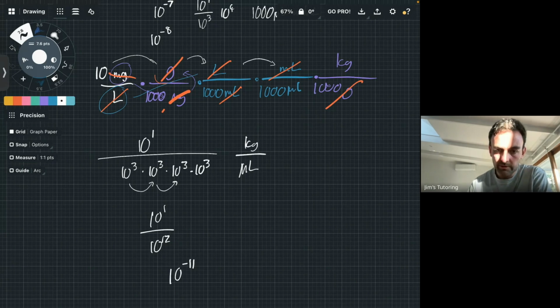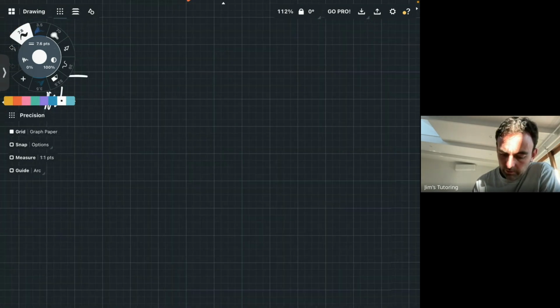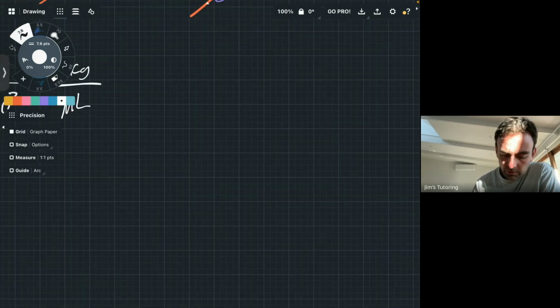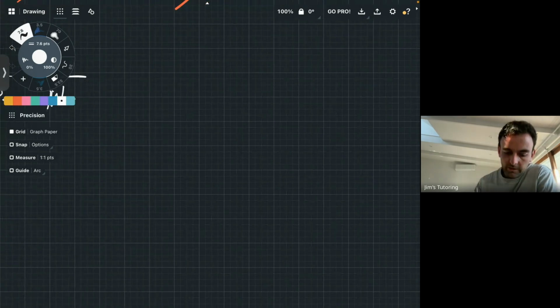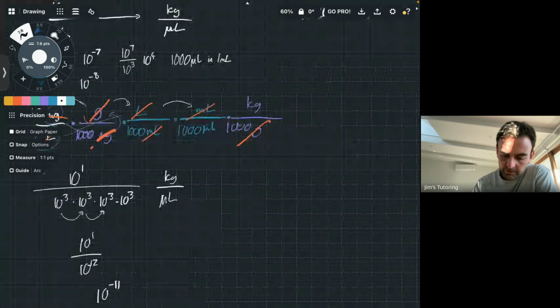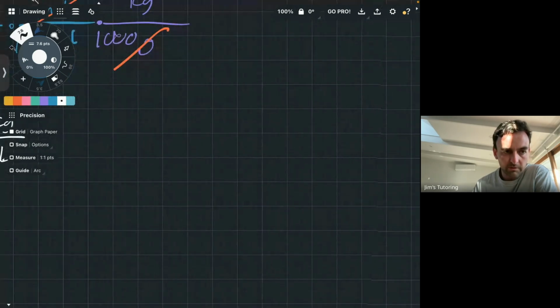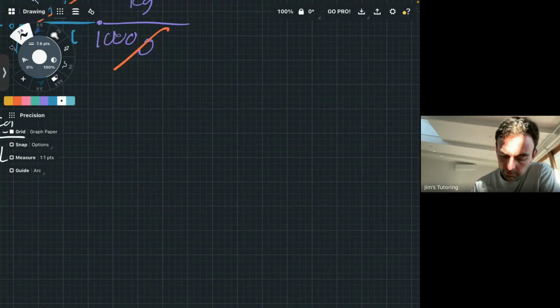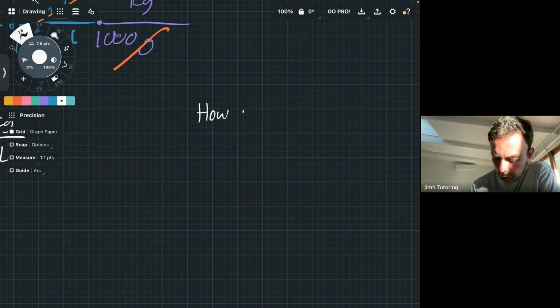Hope it does. I'll just go on to one other little thing that I think you need to know with unit conversion. This is all well and good, but sometimes I find it gets a little bit confusing in the GAMSAT, because they might introduce something like how many.